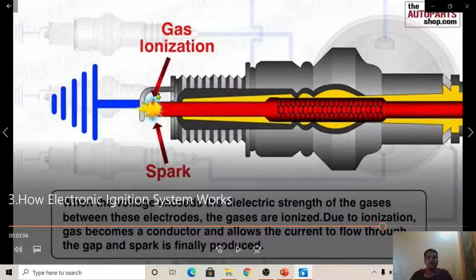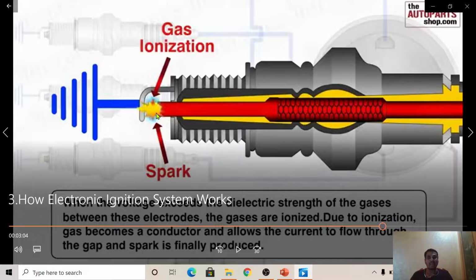Now here is the gas ionization. What happens? The current in the form of voltage flows through the central electrode, and once it reaches the other end of the spark plug, where the grounded electrode is present, gas ionization occurs in the gap between the central electrode and the ground electrode.